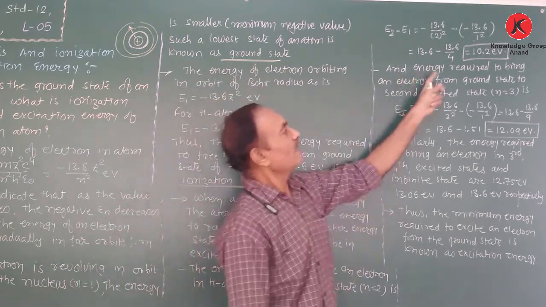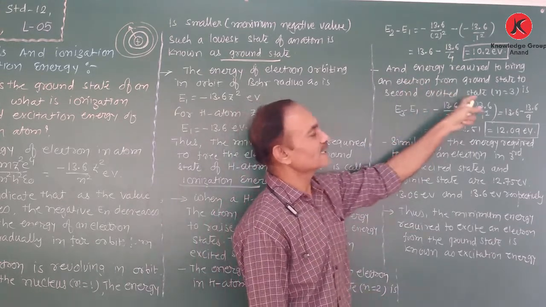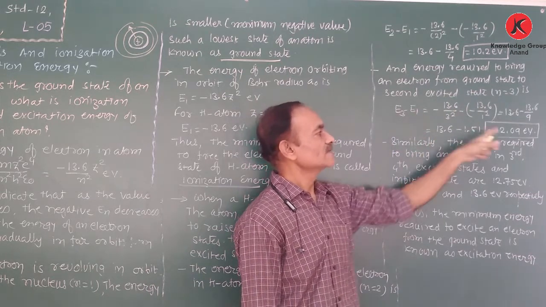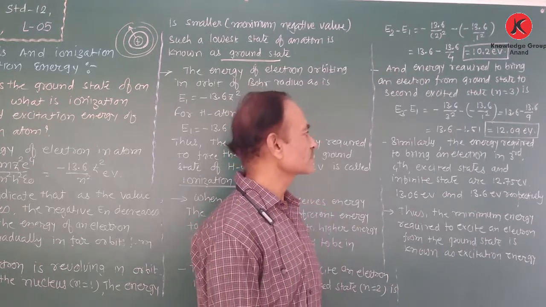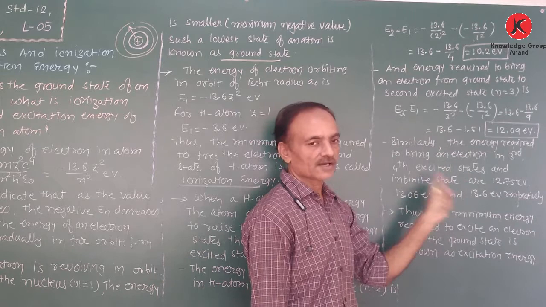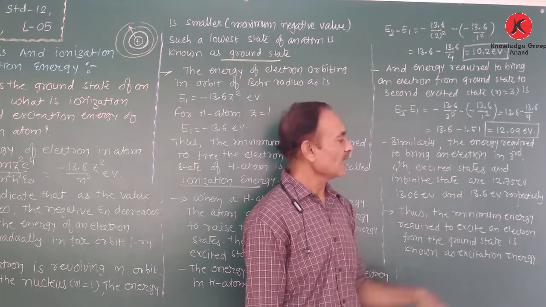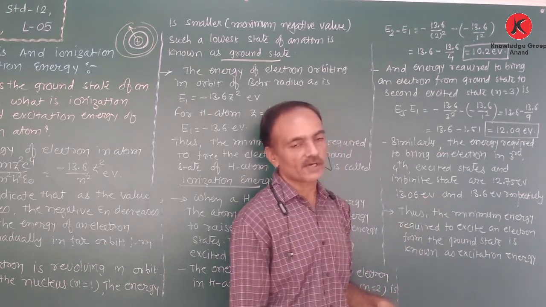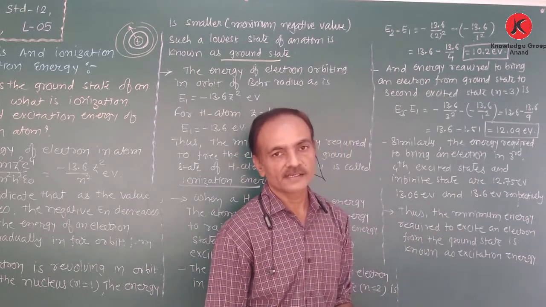Similarly, the energy required to bring the electron from the ground state to the second excited state, n equal to 3, is E3 minus E1. So here the energy required is 12.09 electron volt. And the energy required to bring the electron to the third, fourth, and so on, finally the infinite state, are 12.75, 13.06 electron volt, and 13.6 electron volt respectively.